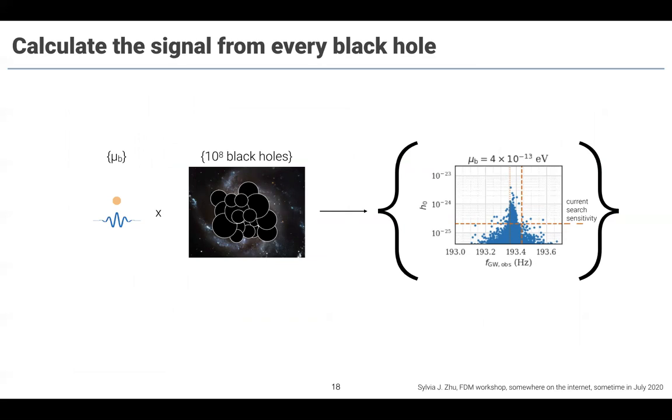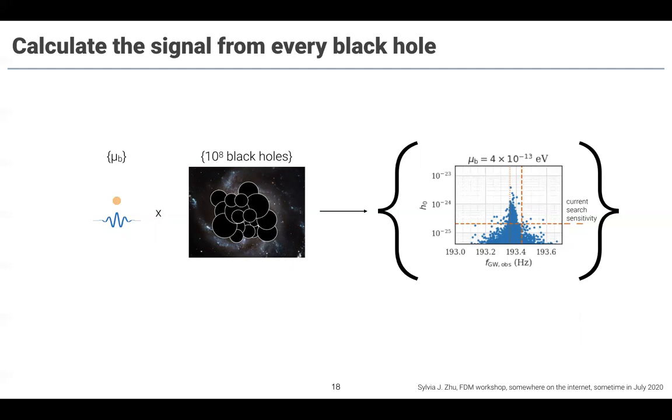So this is for a particular boson, a boson with a particular mass, 4 times 10 to the negative 13 eV. What you're seeing on the vertical axis is the characteristic strain h0, a measure of how strong or how loud the signal is. On the horizontal axis is the gravitational wave frequency that we observe at the detector.